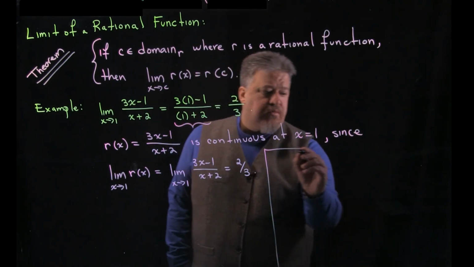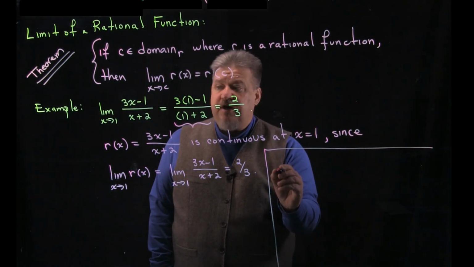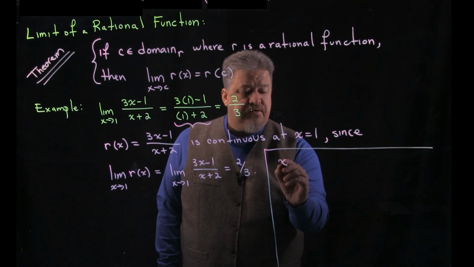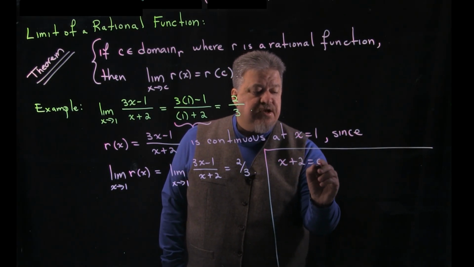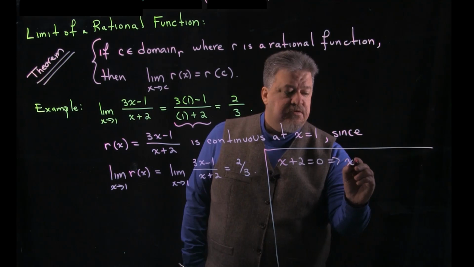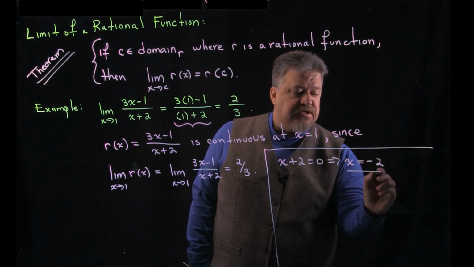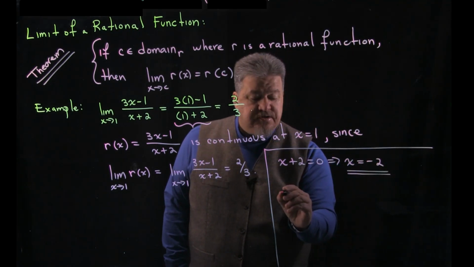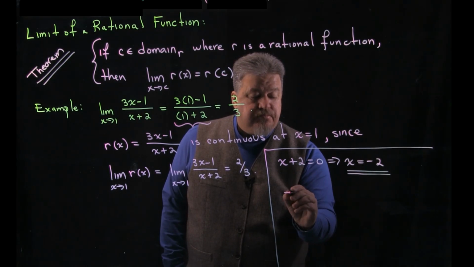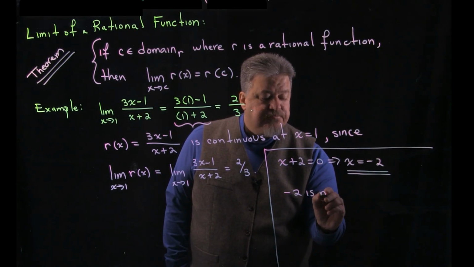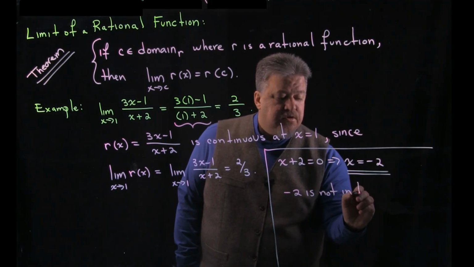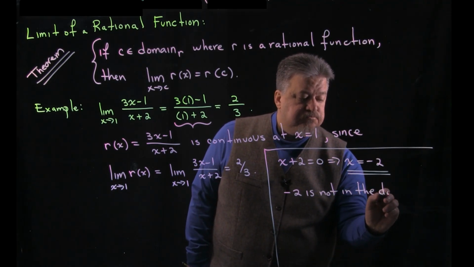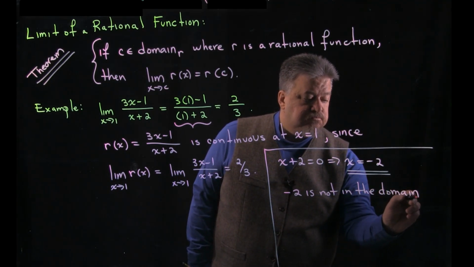Well, where are rational functions undefined? They're undefined where the denominator is 0. So if we set the denominator equal to 0 and solved, we of course get x equal minus 2. This says minus 2 is not in the domain of R.